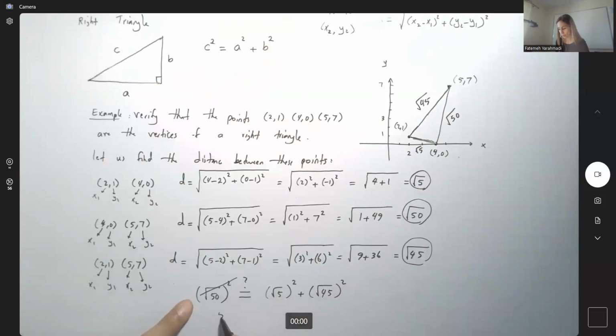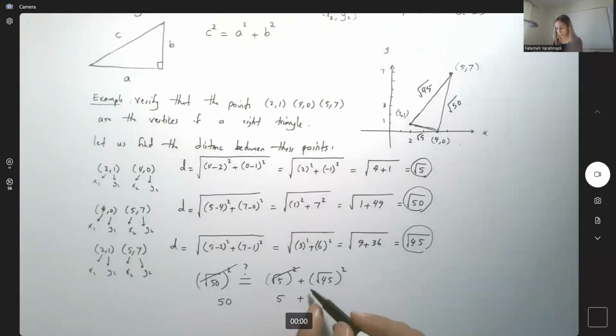So on the left-hand side, you have 50. On the right, you have 5 plus 45, which is obviously 50. So you have equality between these two.